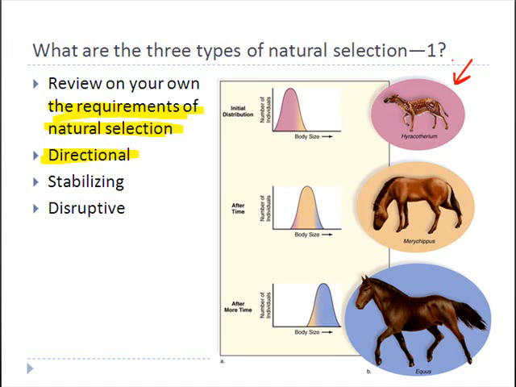So in our initial distribution of individuals within the population of this particular species, you can see the body size was pretty small, and most of the individuals in the population had an average small body size. Over time, because of predator pressures and changes in the climate, it became less advantageous to be small and more advantageous to be larger.